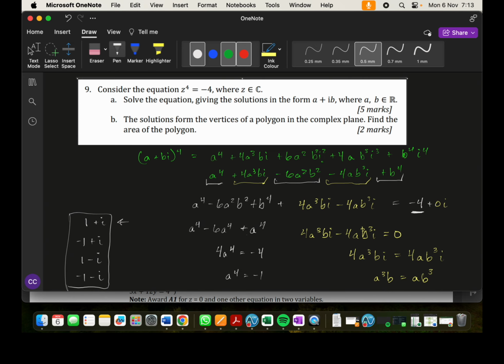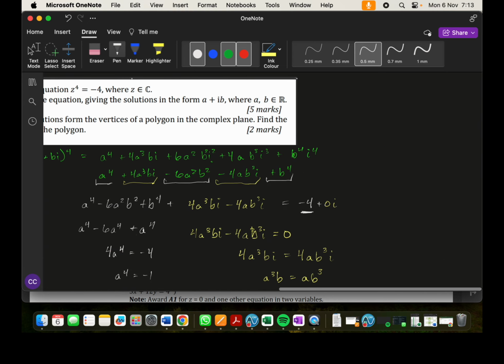Next, the solutions form the vertices of a polygon in the complex plane. Find the area of the polygon. Well, the polygon it's going to form is going to be a rectangle. The vertices are 1 plus i, 1 minus i, -1 minus i, and -1 plus i.